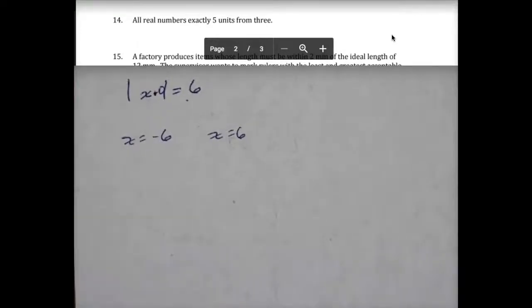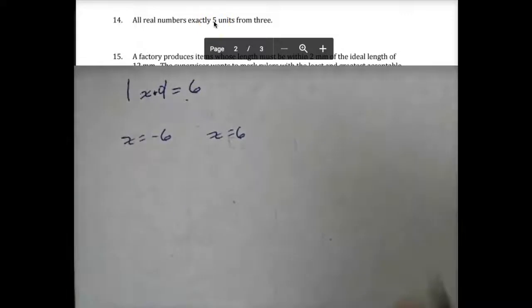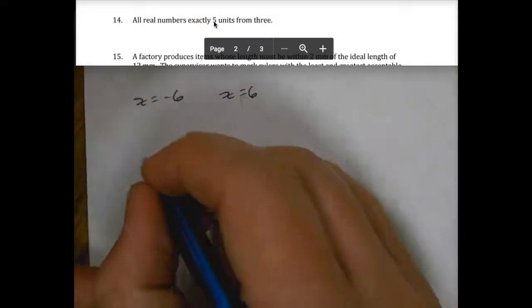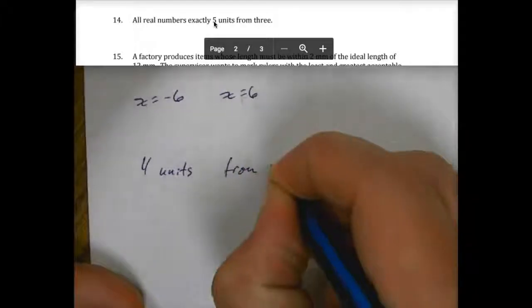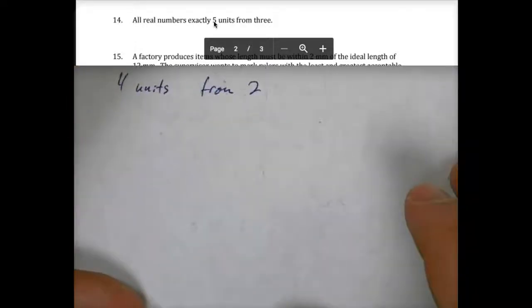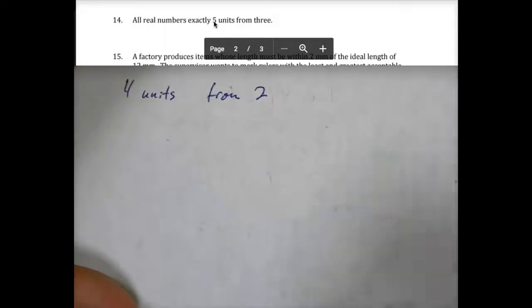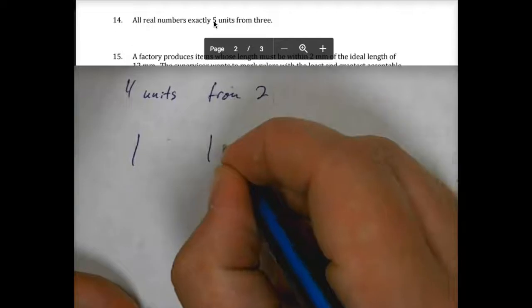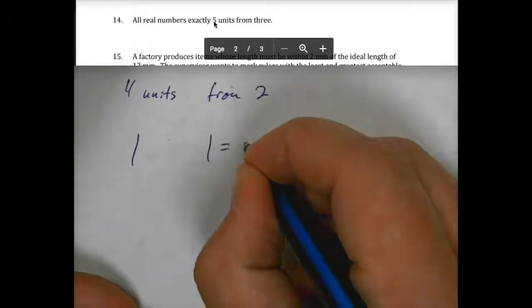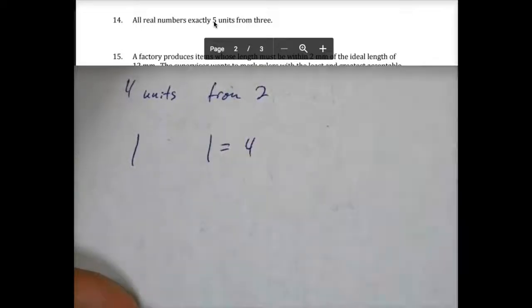Likewise, I'm going to change this and make this say all numbers exactly 4 units from 2. So the absolute value, I want it to be 4 units away from 2, so from positive 2.